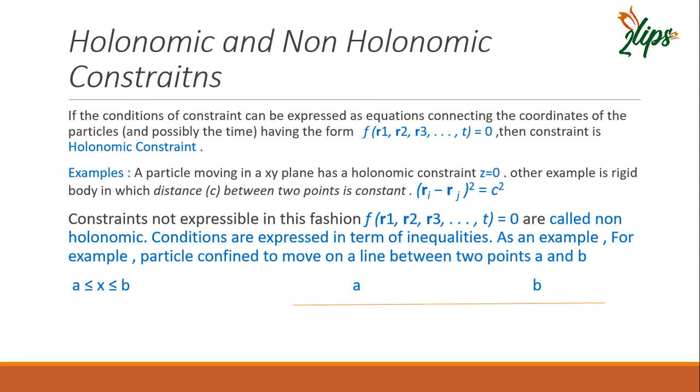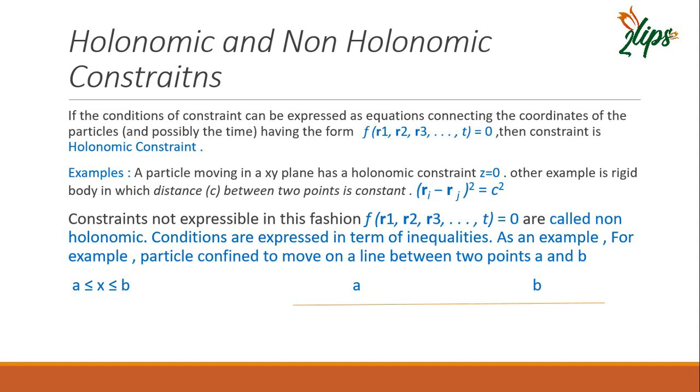Okay, now we talk about constraints more specifically. There are two types of constraints, holonomic and non-holonomic constraints. If the conditions of constraint can be expressed as equations connecting the coordinates of the particles, then the constraint is a holonomic constraint. That means if the conditions can be represented by equations, then we have holonomic constraints.